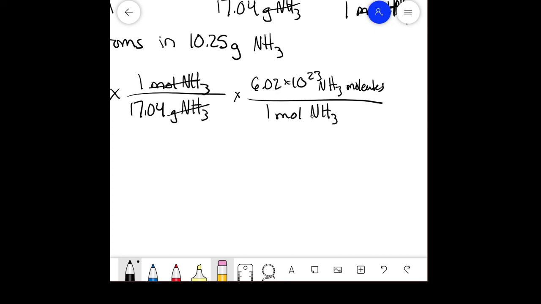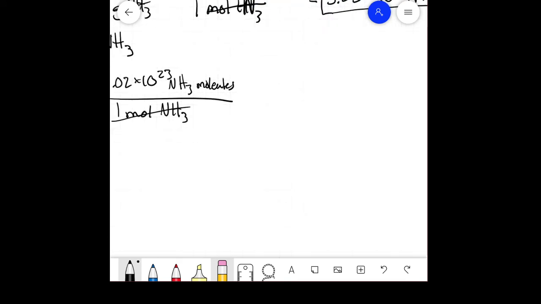So now these are gone. Now we're in molecules, but we still need to get hydrogen atoms. So for every 1 molecule, because we know ammonia molecules have to go on the bottom so we can be left with our atoms, we see there are 3 hydrogens. So then we're just going to put 3 hydrogen atoms up top. And that's how you get those if it just wants it by itself, because these now cancel out.